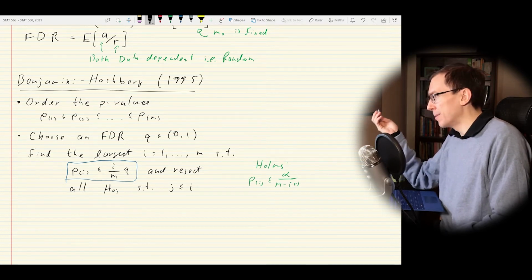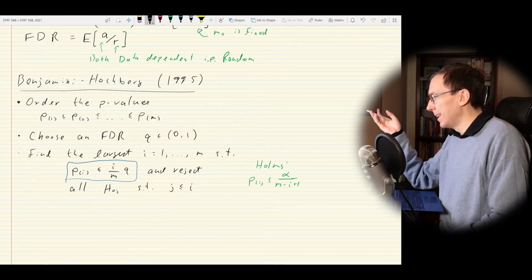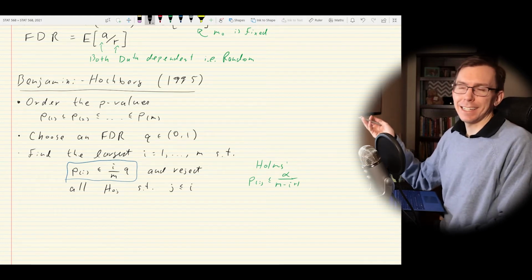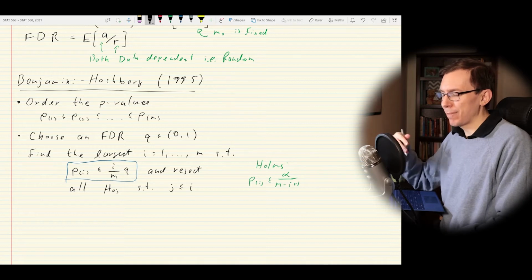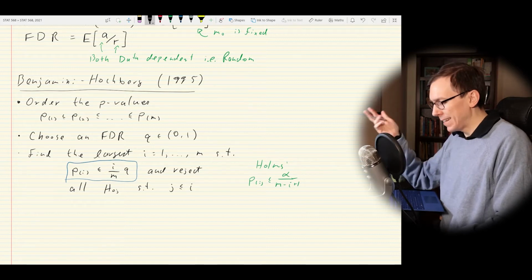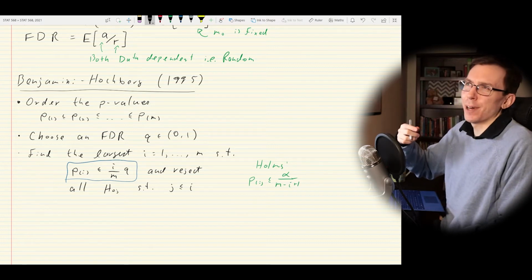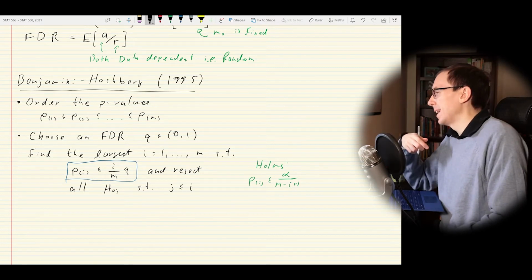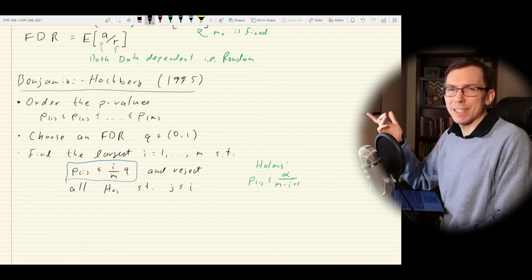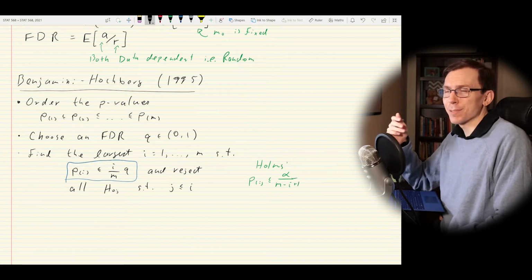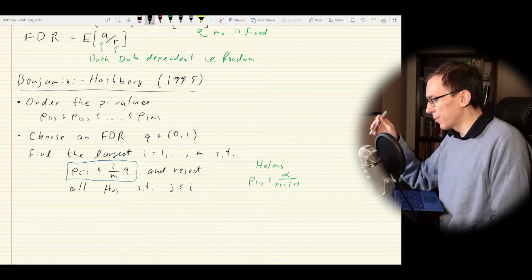Also, Q and alpha would be set separately. Again, much like setting a false positive or a family-wise error rate alpha or a test size alpha, whatever you want to call it, you still have to think about what do I want Q to be? In the textbooks, you sometimes see them say 10% or 5%. There's no real right or wrong answer.